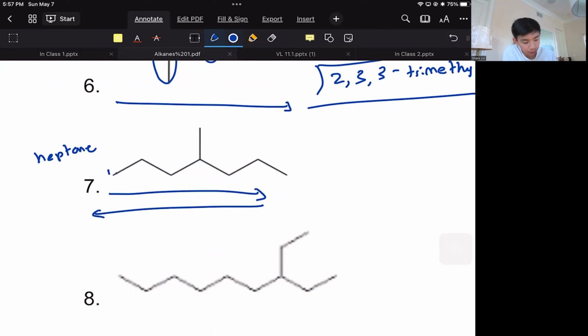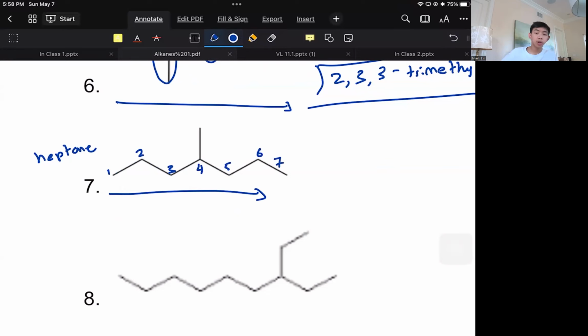If you go 1, 2, 3, 4, 5, 6, 7, or go 1, 2, 3, 4, notice how 4 is also in the middle. So it doesn't matter. It can go left to right or right to left. So let's just go left to right.